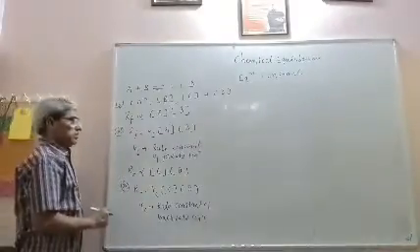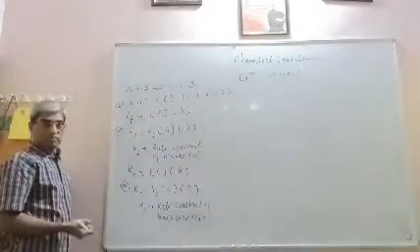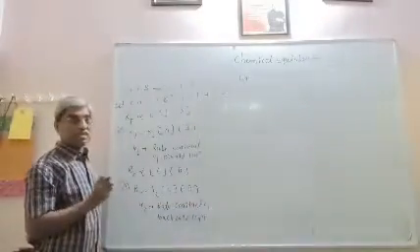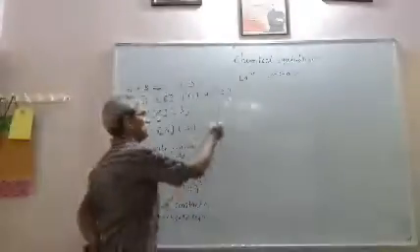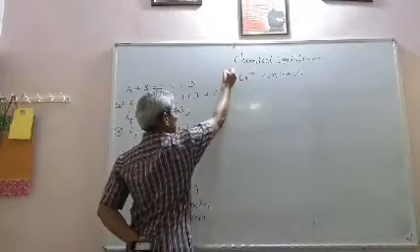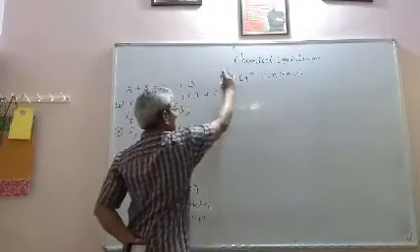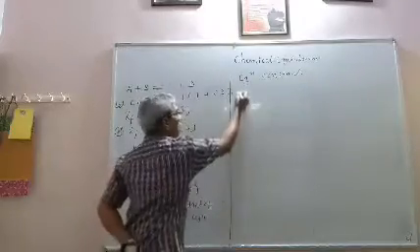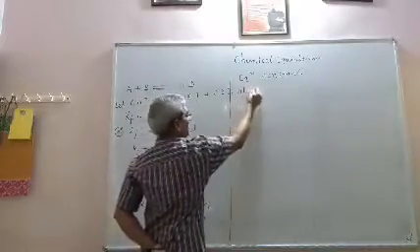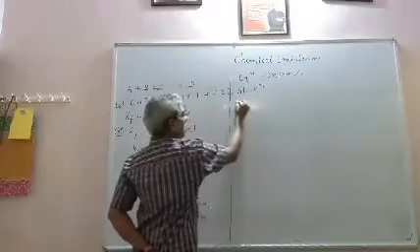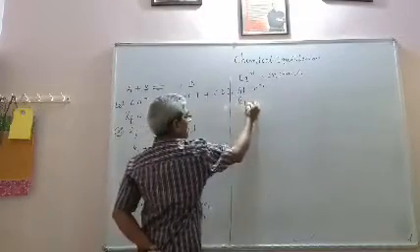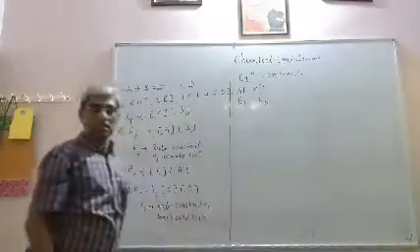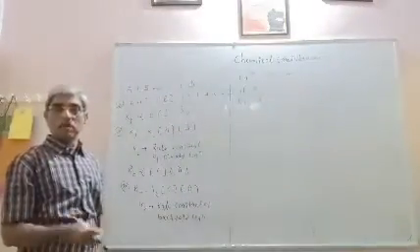Now, we know that at equilibrium, the rate of forward reaction and the rate of backward reaction are exactly the same. Therefore, we can write at equilibrium RF equals RB.